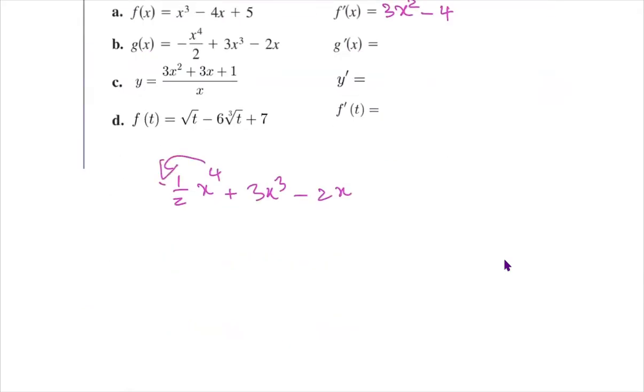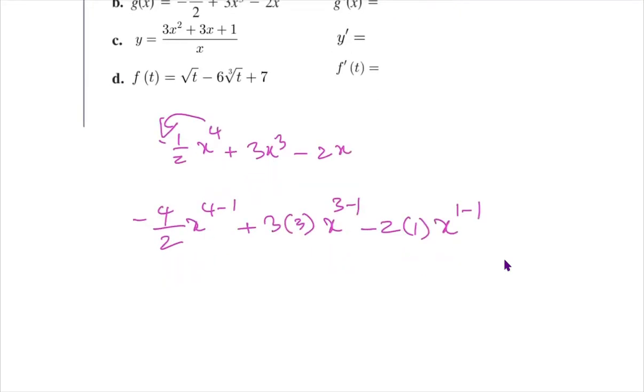Bring down the exponent, so that's negative 4 over 2, x to the 4 minus 1, plus 3 times 3x to the 3 minus 1, negative 2 times exponent 1, right? So that's 1x to the 1 minus 1.